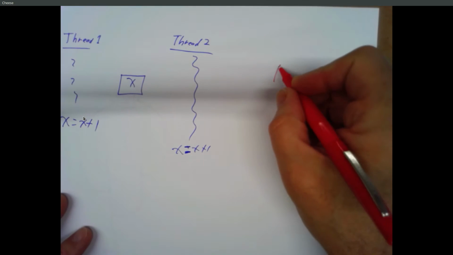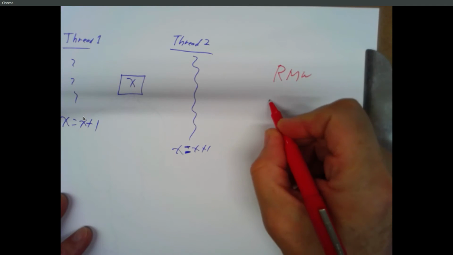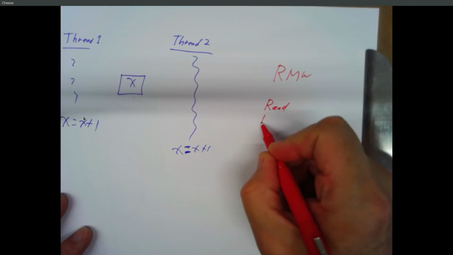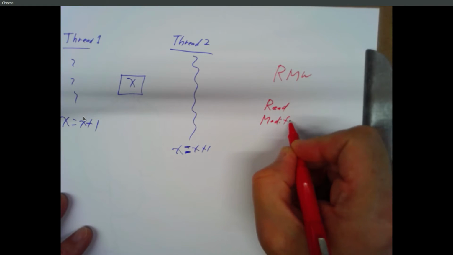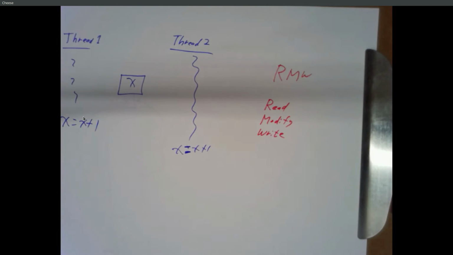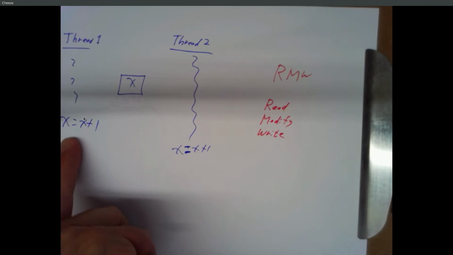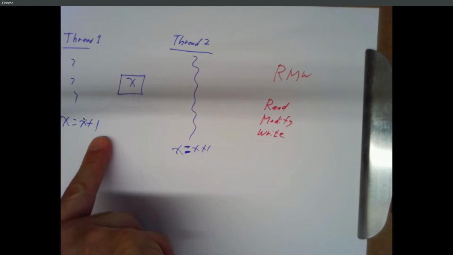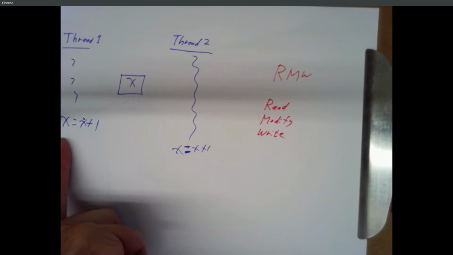Okay, so this is a read, modify, write operation. And even though it looks like we're saying just add 1 to x, we're really reading x, we're modifying the value we read, and then we're writing it back into x.